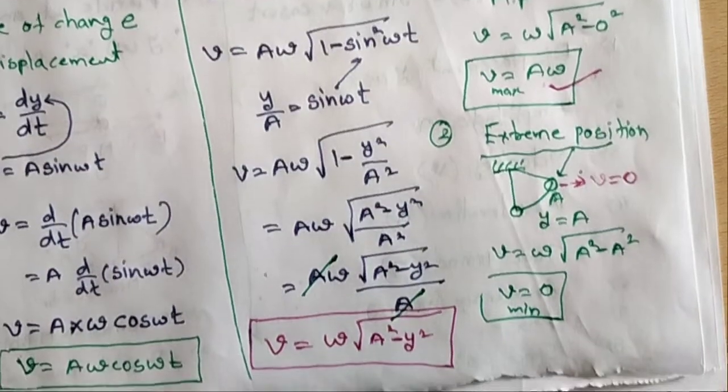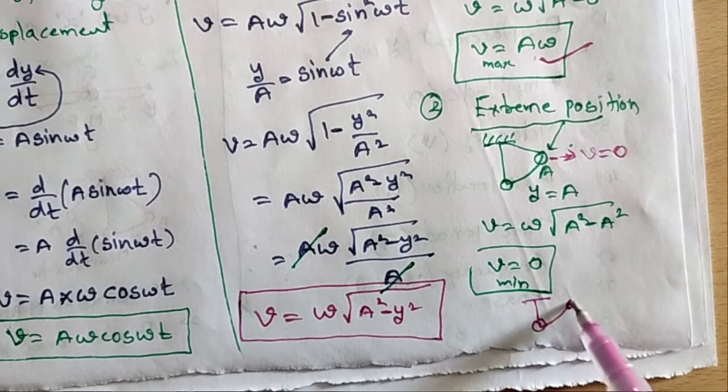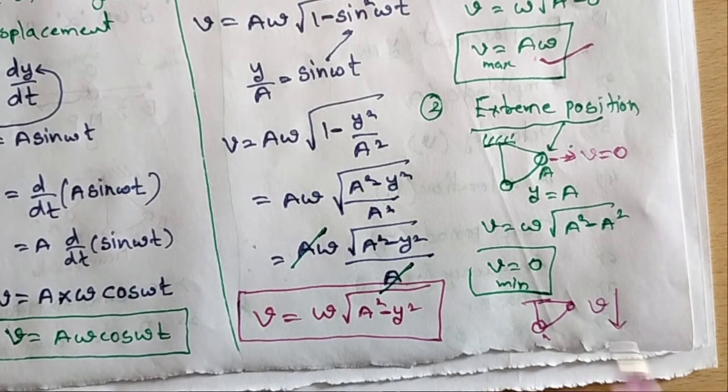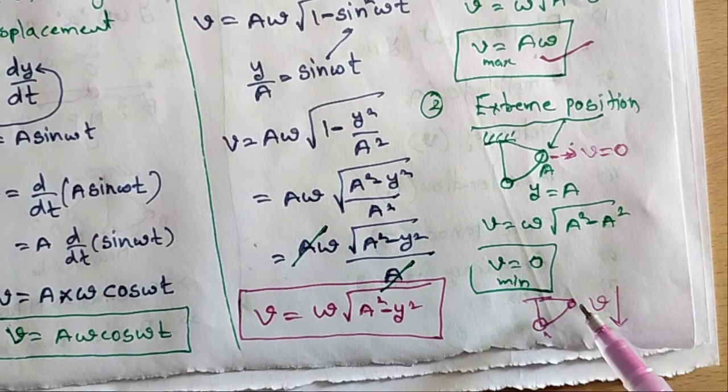So what is your observation? In SHM, when the particle is moving from the mean position to the extreme position, the velocity will be reduced. Clear? Finally, when we reach the extreme position, the velocity will be 0. Therefore, whether the object is moving upward to the positive extreme position or to the negative extreme position, the velocity will be reduced, finally reaching 0 velocity.